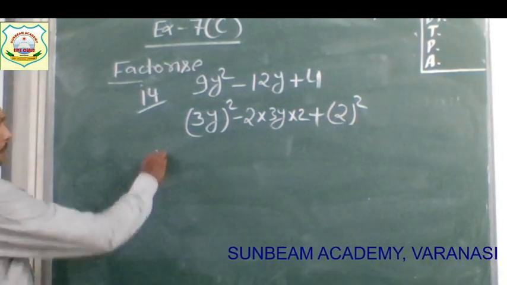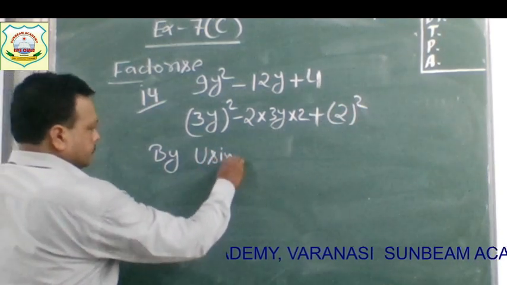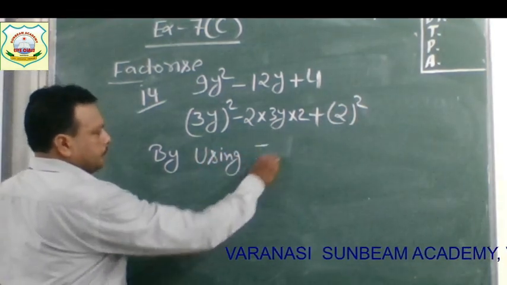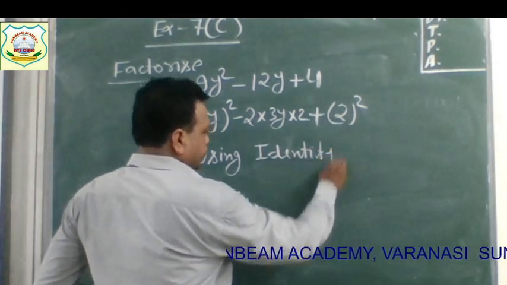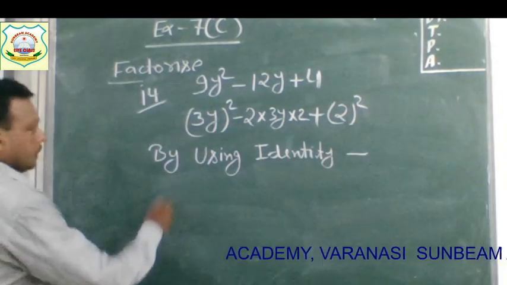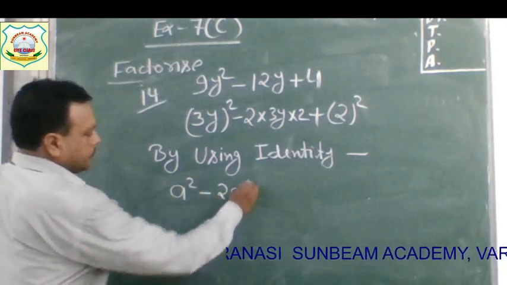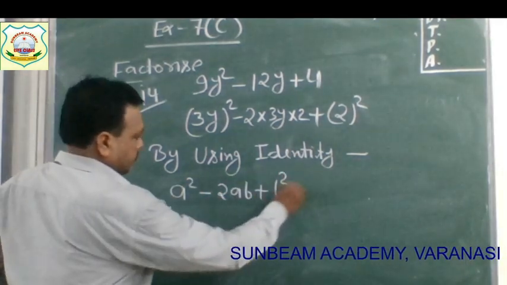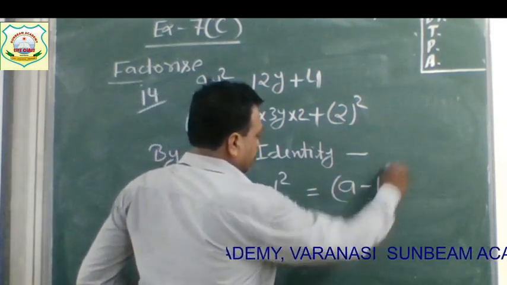So by using the identity a square minus 2ab plus b square, we get a minus b whole square.